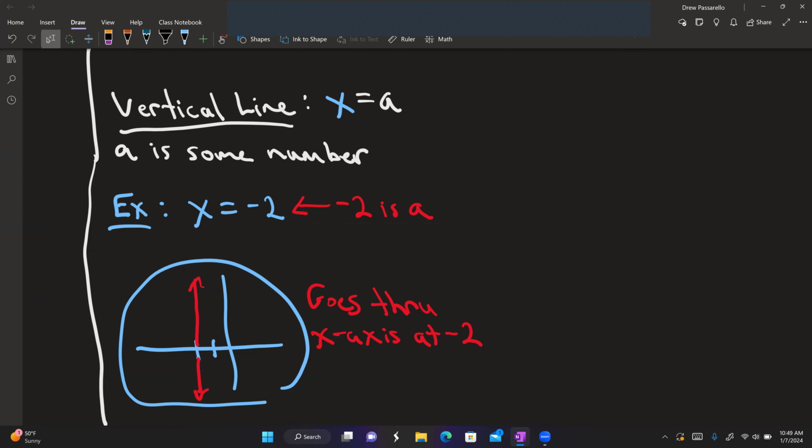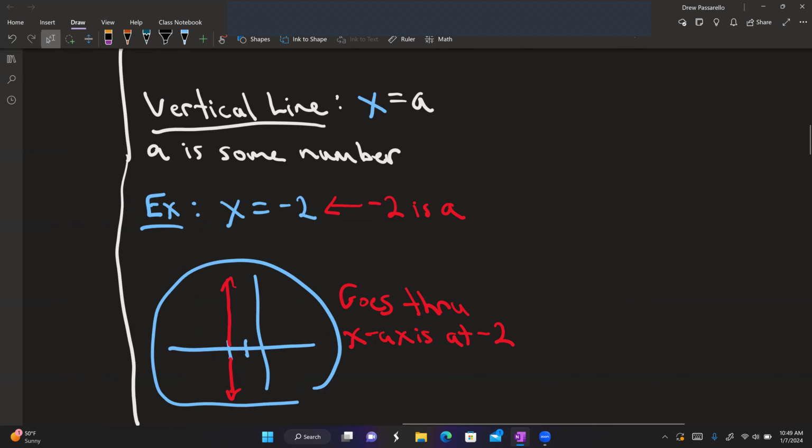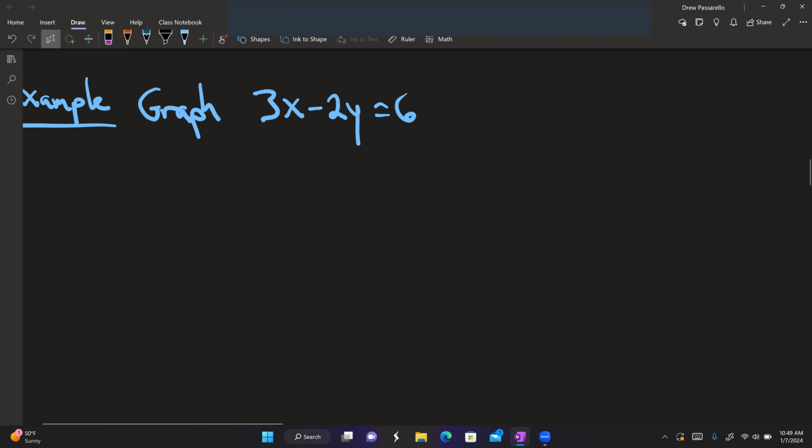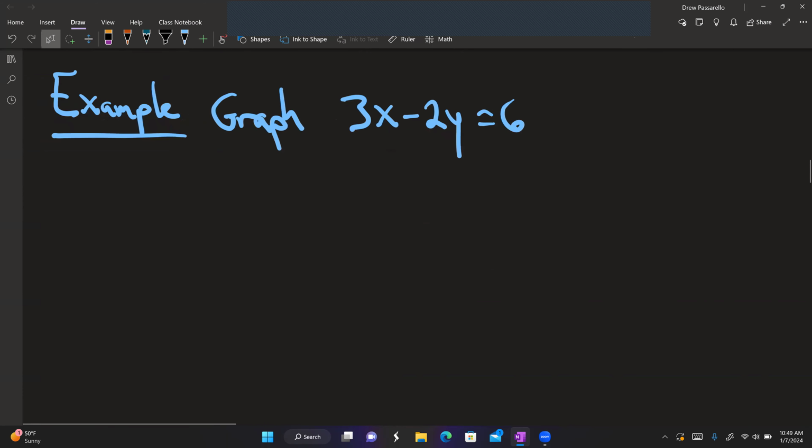Now I'm going to do one example for this video, and then I'll continue with other videos doing more examples. So those are the concepts. So here's an example. I'm going to graph this line, and it's 3x minus 2y equal to 6.